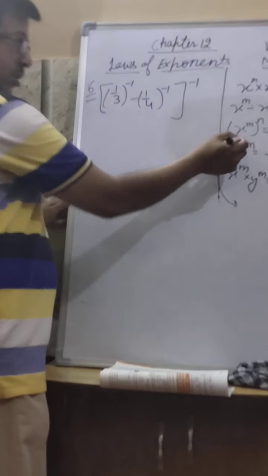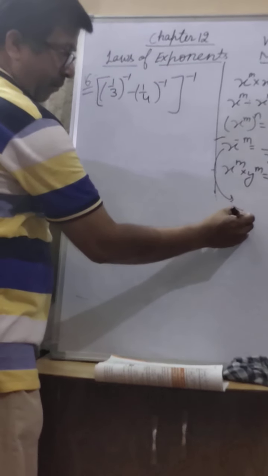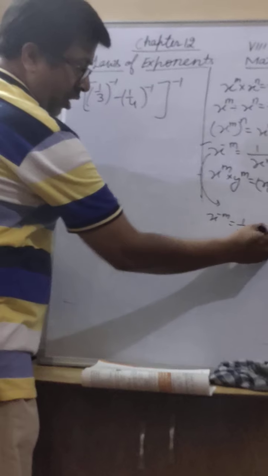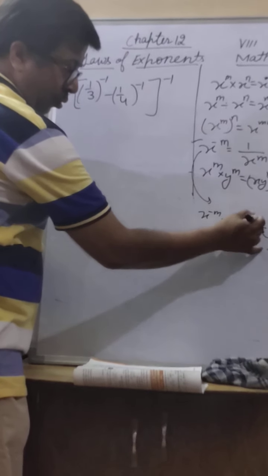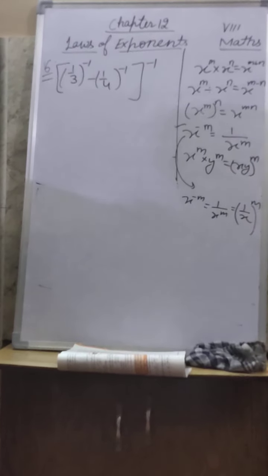So now we apply this again. You see here this formula: x power minus m is 1 upon x power m, that is, 1 upon x whole power m is equal to this. So I can write this one also, the reciprocal of this. Understand?